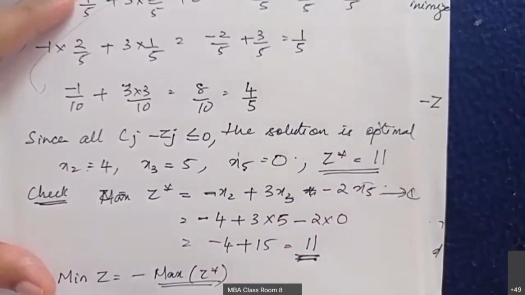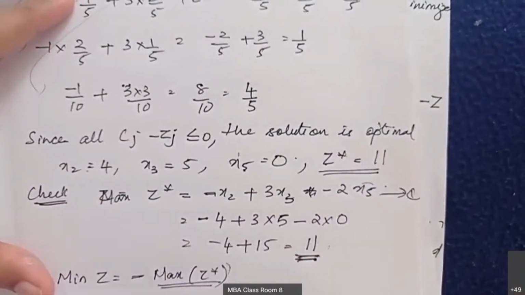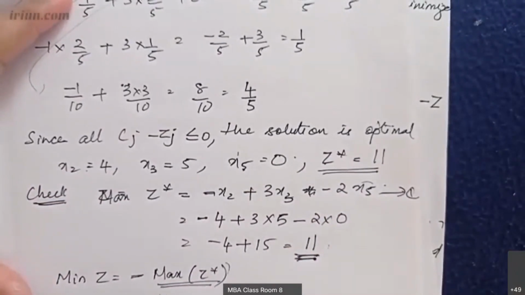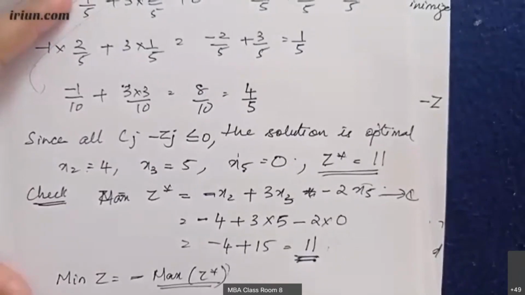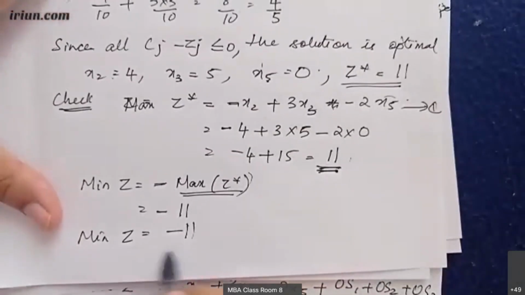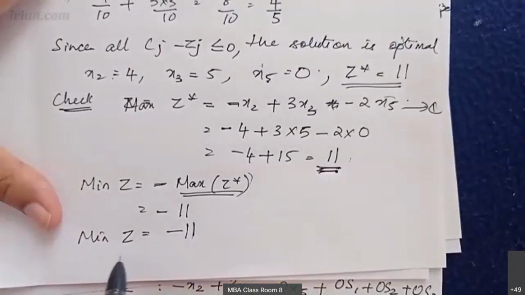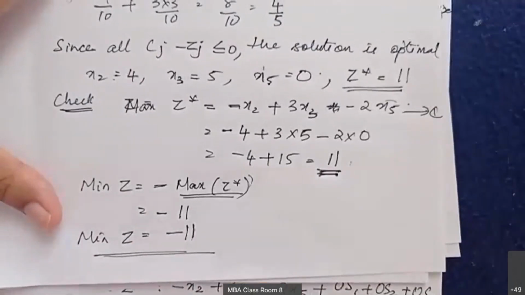So instead of max of Z star, I'm substituting the value 11. So what did we get? Minimization Z is equal to minus 11. Okay, so this is going to be our solution.